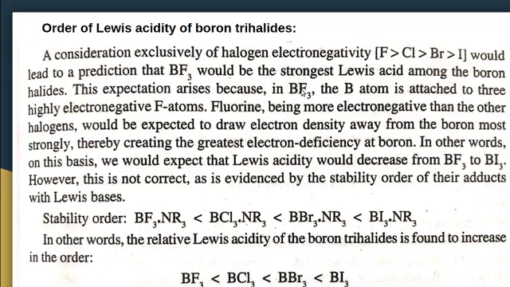So there will be an electron deficiency around boron. Because of the greatest electron deficiency, it can accept a pair of electrons from a base. That means it can act as a strong Lewis acid compared to other boron trihalides.